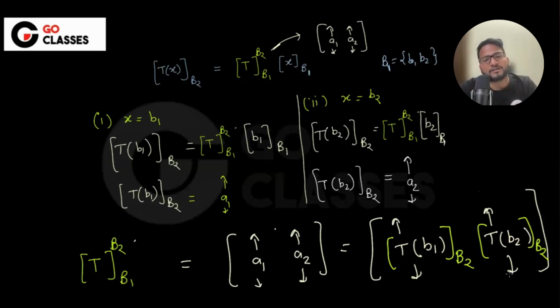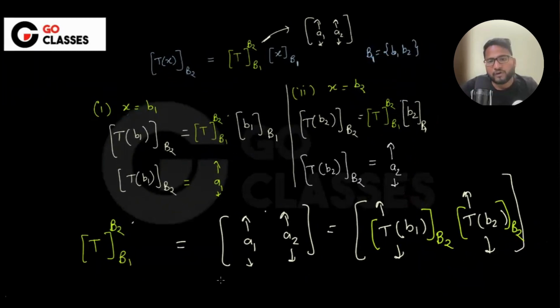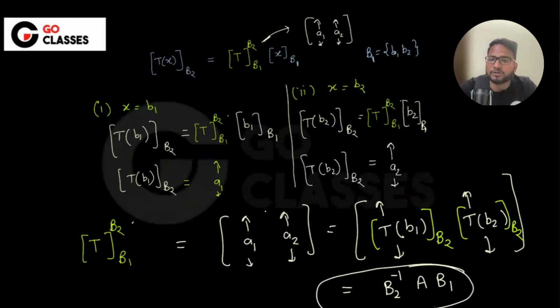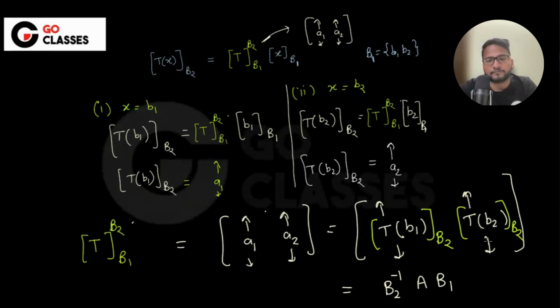And this matrix has to be exactly the same as the matrix that we calculated earlier. So what is the matrix that we calculated earlier? We will verify that this matrix is the same as V2 inverse A B1. This was the matrix we calculated using one method, and this is the matrix that we have calculated using another method.